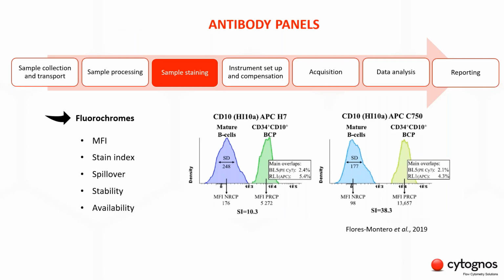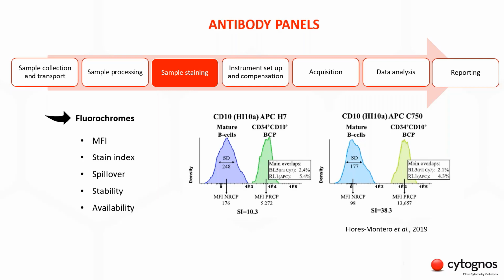For building leukemia, lymphoma, and myeloma panels, EuroFlow tested a large number of fluorochromes and antibody clones. So they selected the fluorochrome based on the MFI, the stain index, the spillover, the stability, and the availability for the marker.